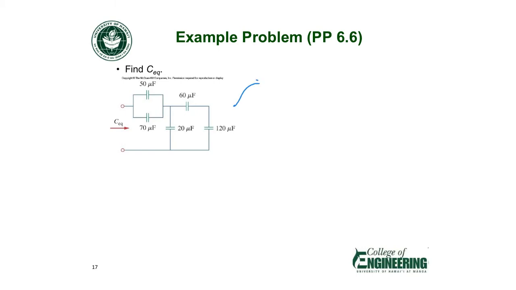Okay, so I'm going to combine two steps into one redrawn schematic. So I'm going to first combine the 50 and 70 microfarad capacitor into an equivalent capacitance. I'll leave the 20 microfarad capacitor alone for now.